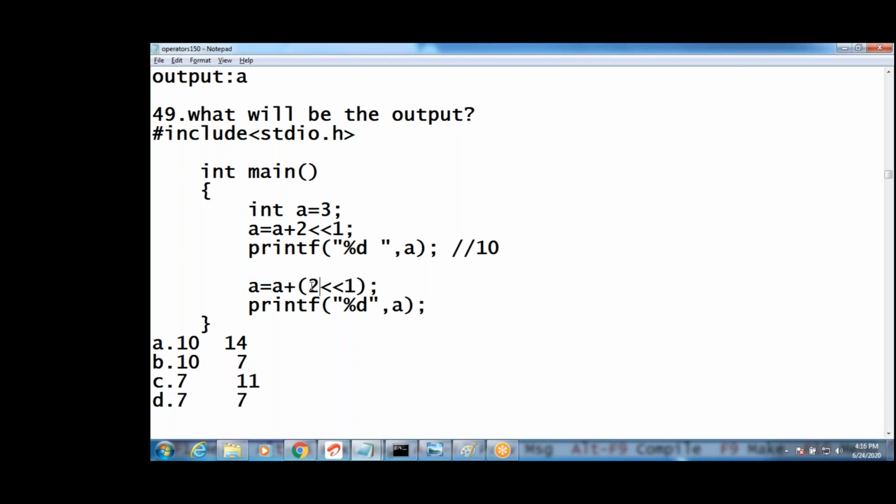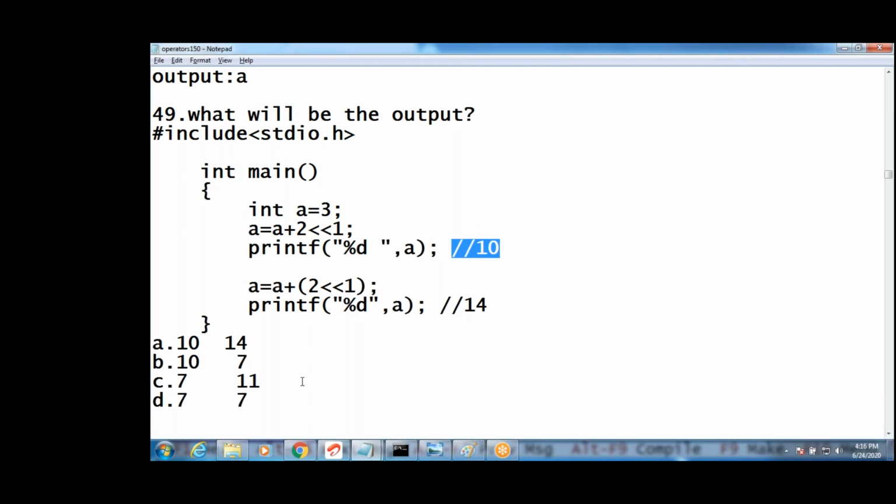Next is 2 left shift 1. 2 left shift 1 is 2 into 2 power 1, which is 4. A is 10, so 10 plus 4 is 14. Then the answer is 14. Which option is correct? Option A is correct, guys. Value change, that is okay.